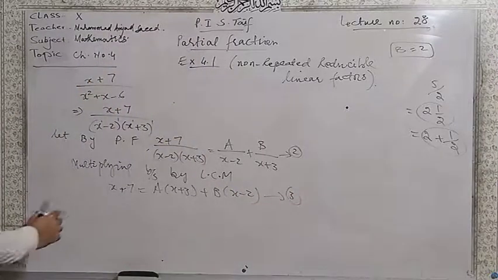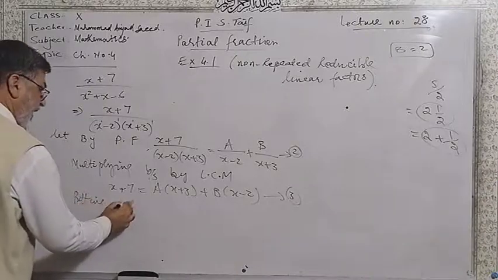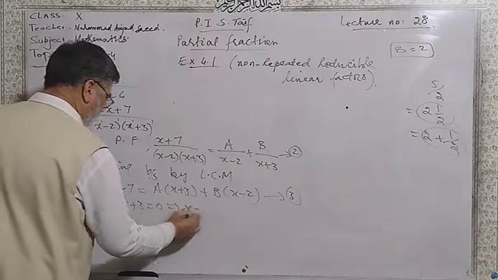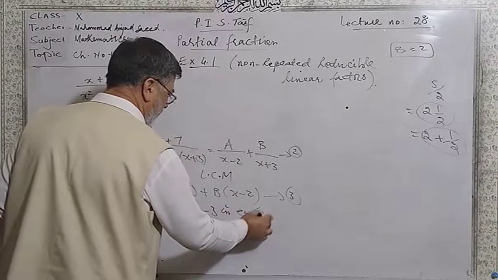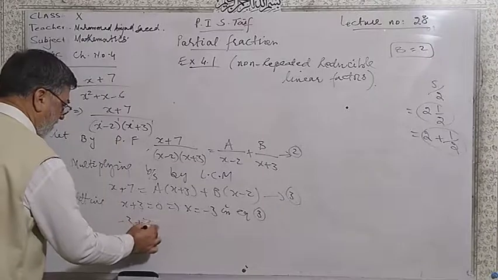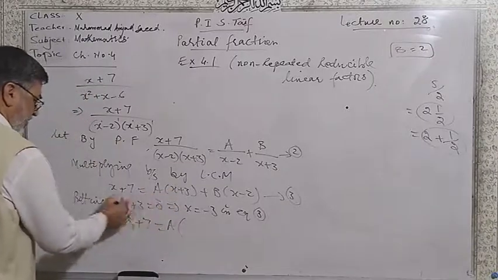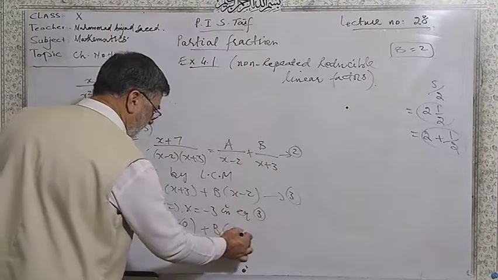Similarly, you can put x plus 3 is equal to 0, which implies that x is equal to minus 3 in equation number 3. So we have minus 3 plus 7, a into x plus 3 was equal to 0, apply 0 directly, b into minus 3 minus 2.